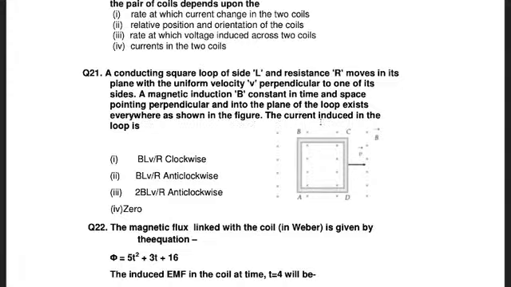The current induced in the loop is: here they give the figure A, B, C, D. Options are: 1, BLV by R clockwise; 2, BLV by R anticlockwise; 3, 2 BLV by R anticlockwise; 4, 0. Correct. The answer is option 4, 0.